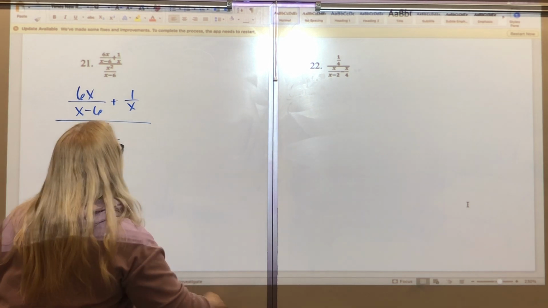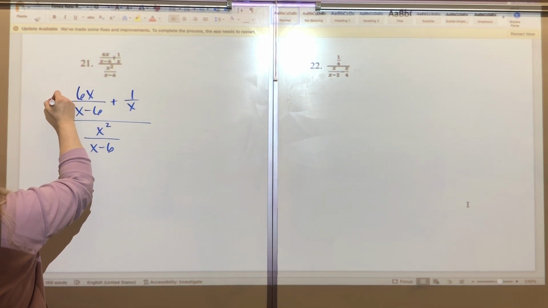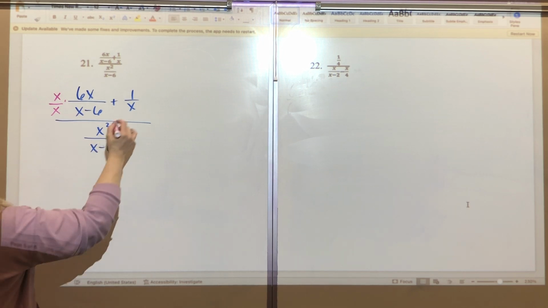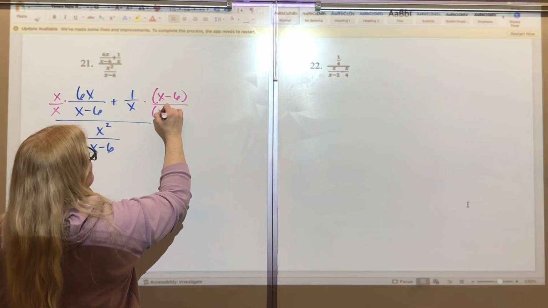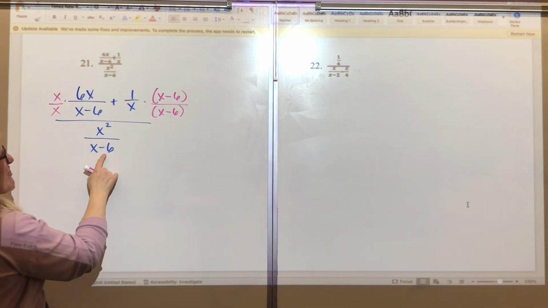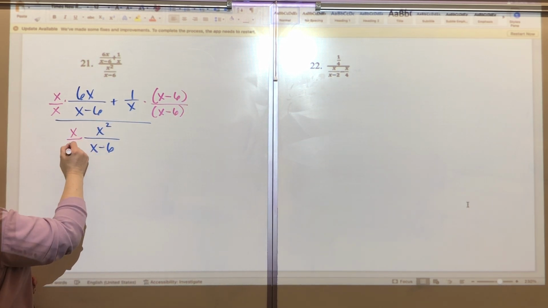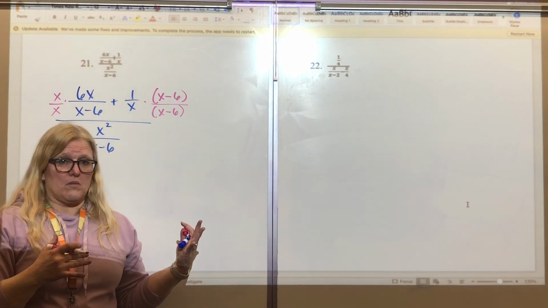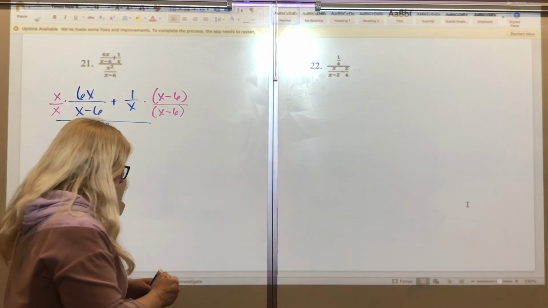Okay, so for this one, I just need an x over x here, and over here I need x minus 6 over x minus 6. But then it's not that hard to get the same thing here. This is just an x over x. So in this problem, I just found the common denominator for all of it.